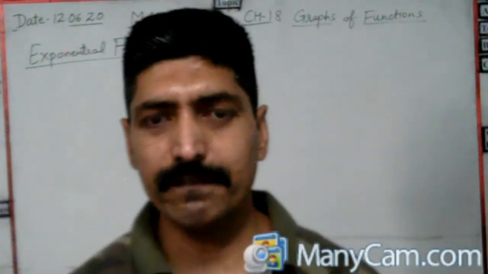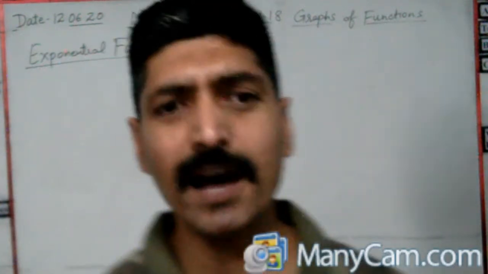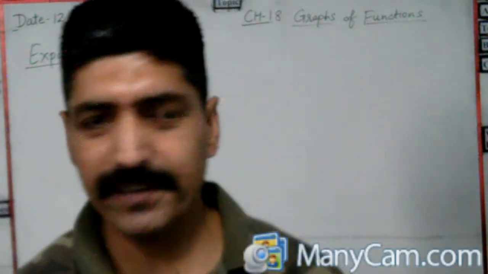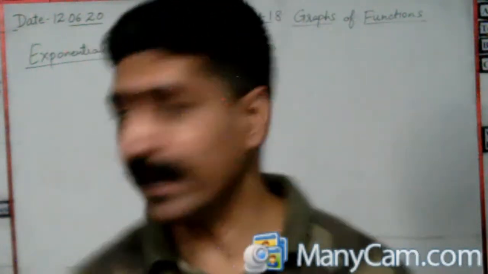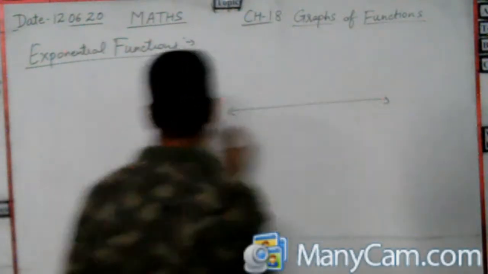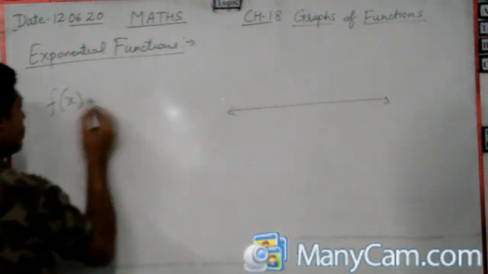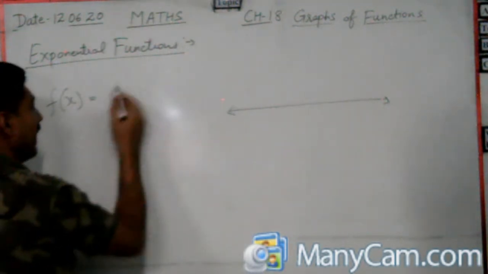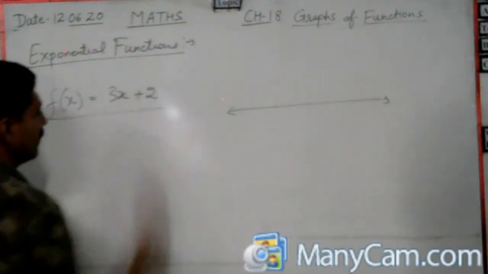So today we have discussed the graph of the functions. If we have a linear function, then on the graph we have a function like f(x), like 3x plus 2. So it is a linear function.